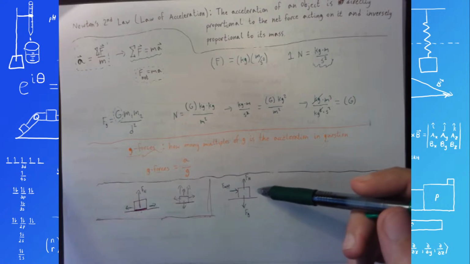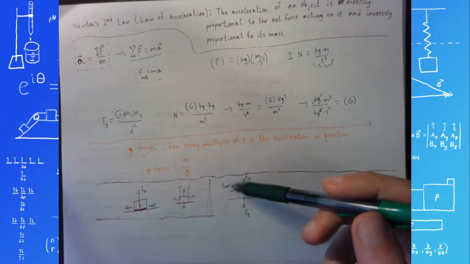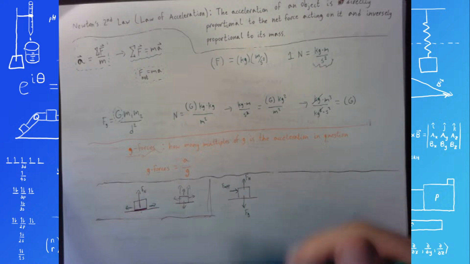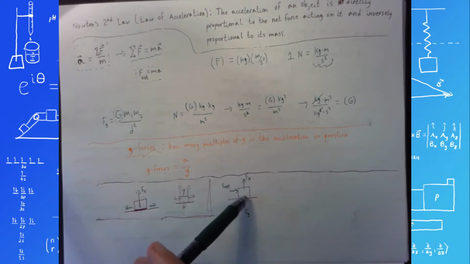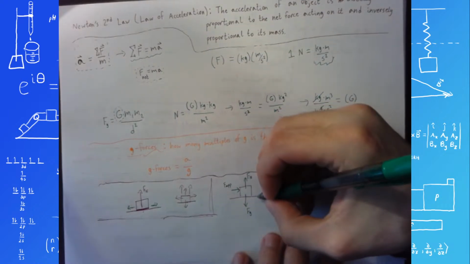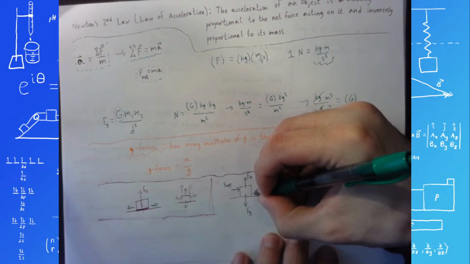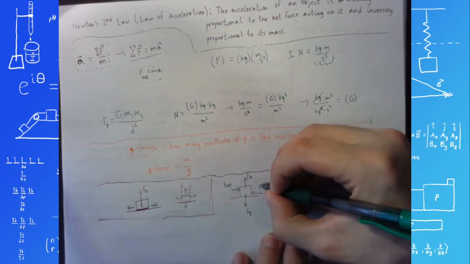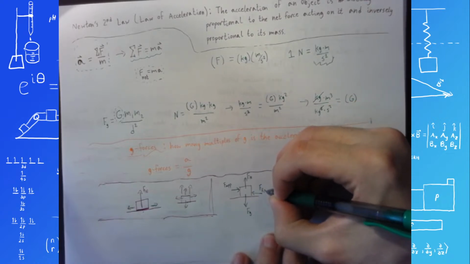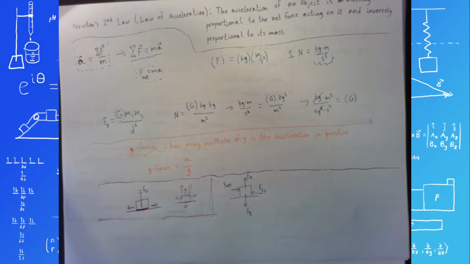Well, it looks like you've got a force upward and a force downward that are going to kill each other off, and it looks like this object is going to move to the right in the absence of friction. So the static friction is going to apply to the left. Force, friction static, is going to be to the left. It's going to try and resist the attempted motion.